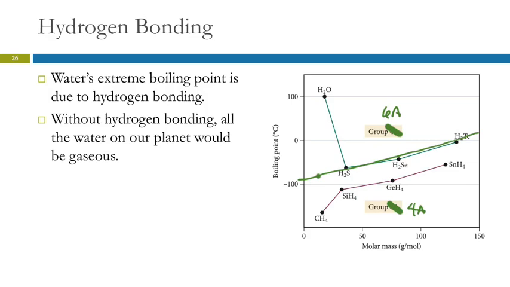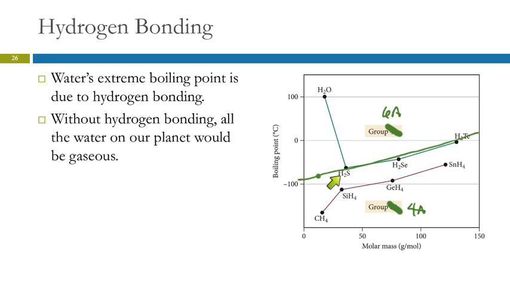That's really cold. But the actual boiling point of water is plus 100 degrees. So water has much stronger intermolecular forces than similar compounds involving sulfur, selenium, and tellurium. And the difference is that water does hydrogen bonding.